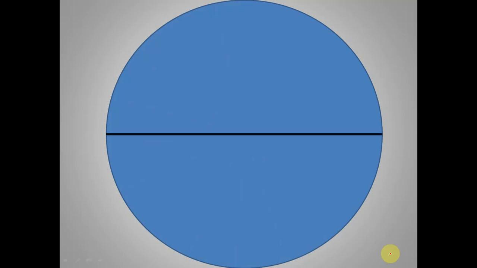Arabic takes a quarter. We divide one of the two halves into two quarters by drawing this line segment.